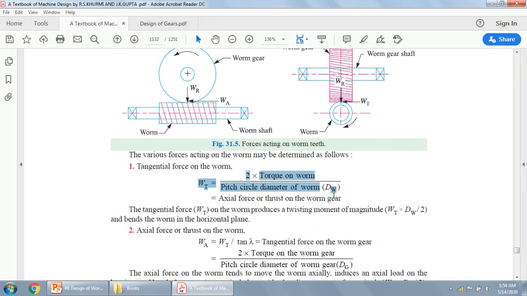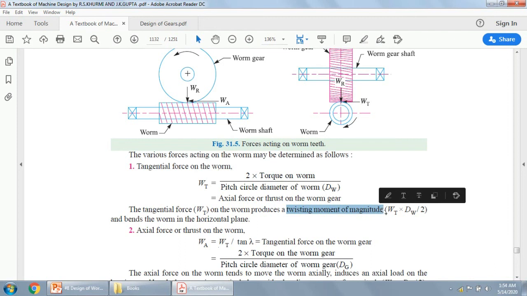Sorry, dW is the pitch circle diameter of the worm. So this is the worm, and this is the side view of this worm. So generally WT into half of dW, that is RW, will be the torque. So WT into dW by 2 will give us the twisting moment.